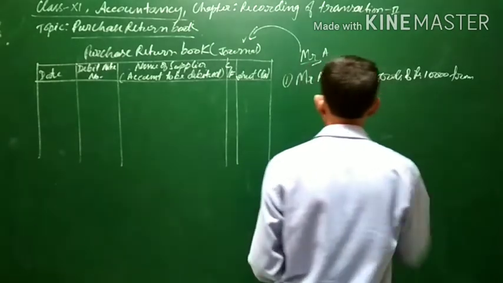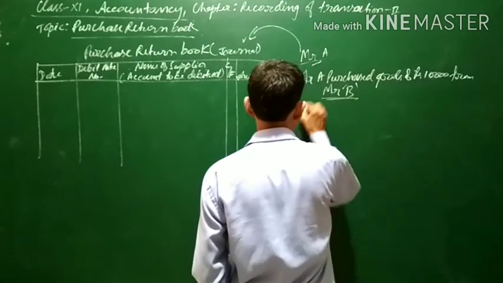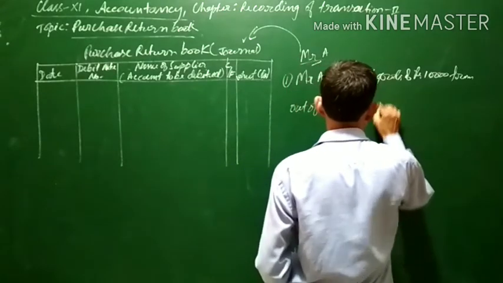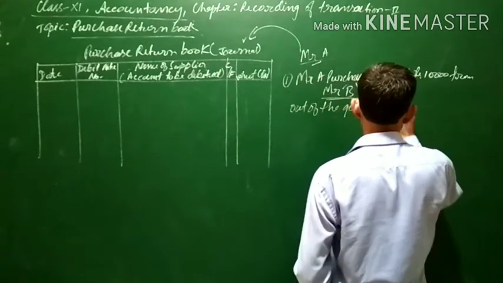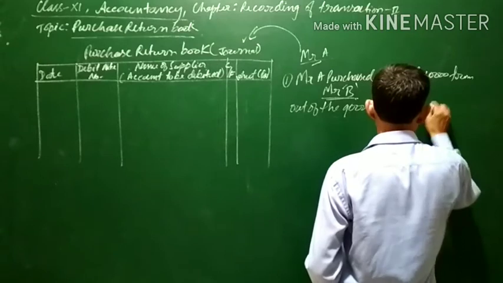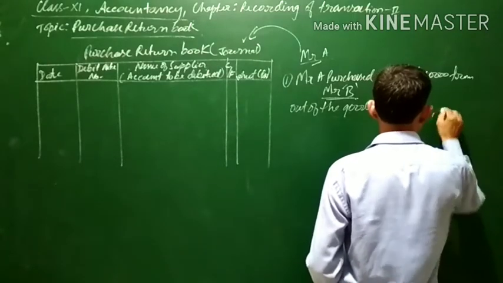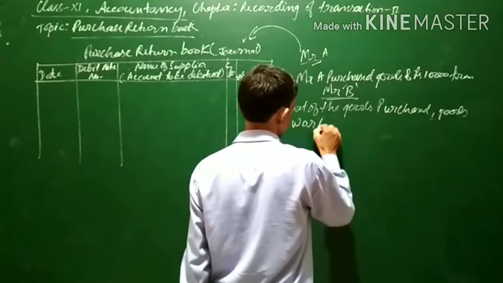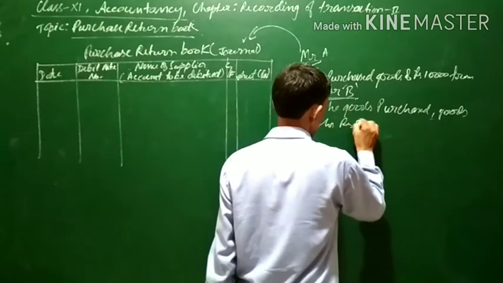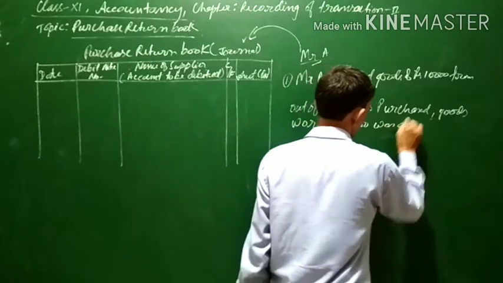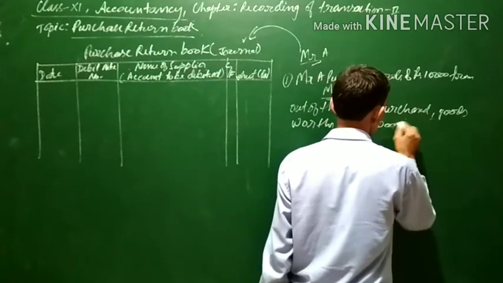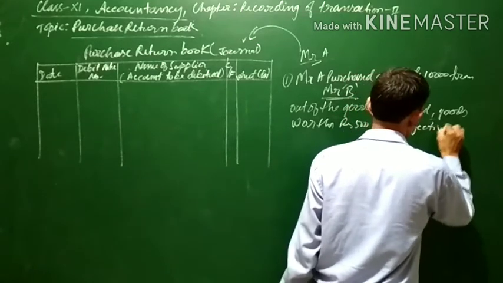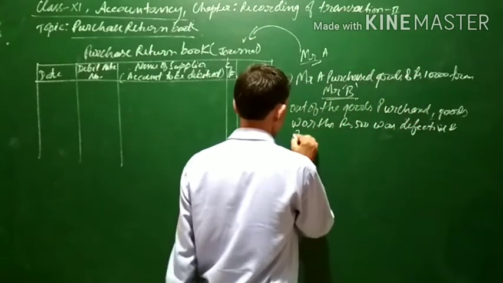Now let us assume that out of the goods purchased, goods worth rupees 500 were defective and returned.